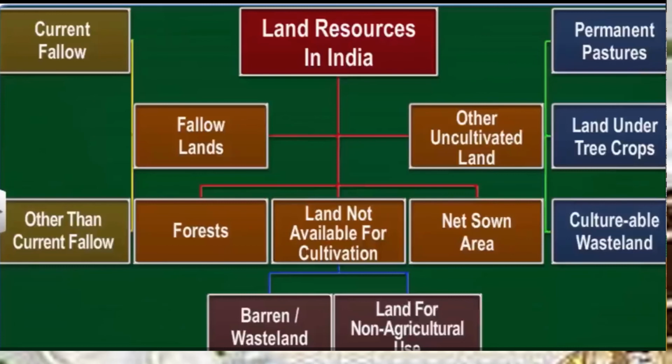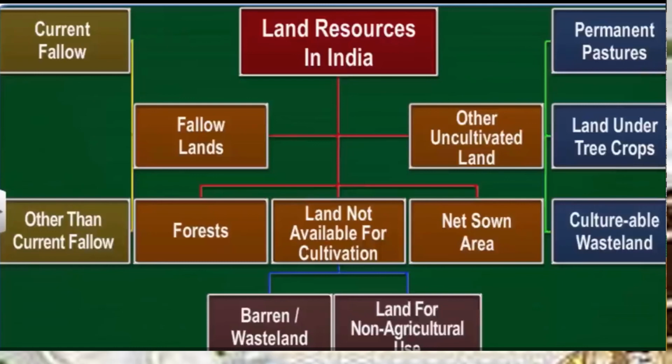Other cultivated lands are further divided into permanent pasture, land under tree crops and cultivable wastelands. These lands are of poor quality or too high to cultivate. So, sometimes they are cultivated after 2 or 3 years.